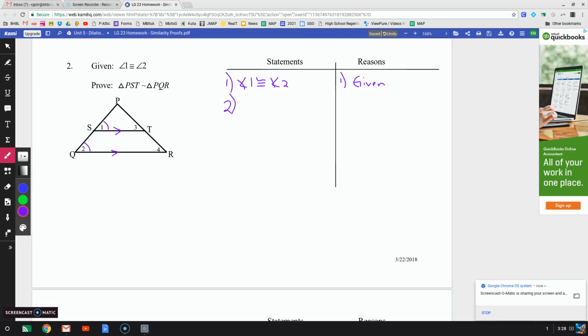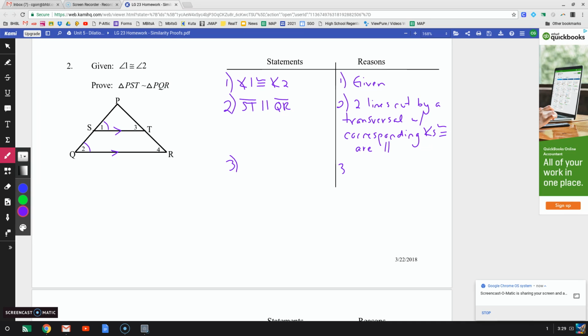So step 2, I'm going to say that ST is parallel to QR. And the reason that I know that is because I have two lines cut by a transversal with corresponding angles congruent. And that tells me that the lines are parallel.